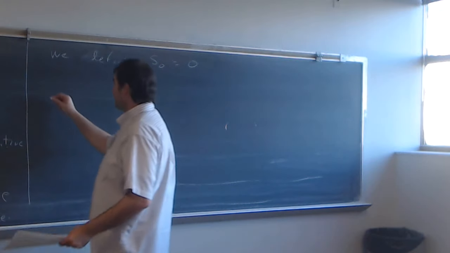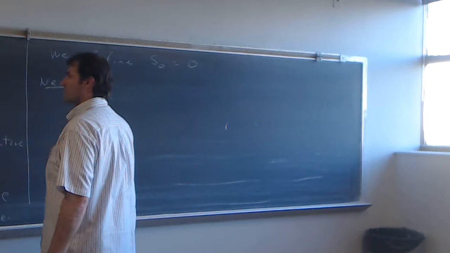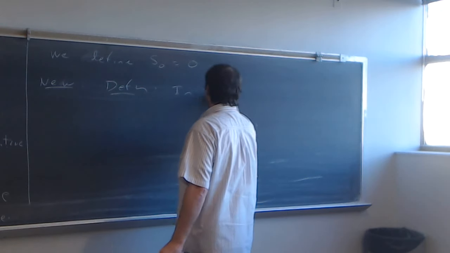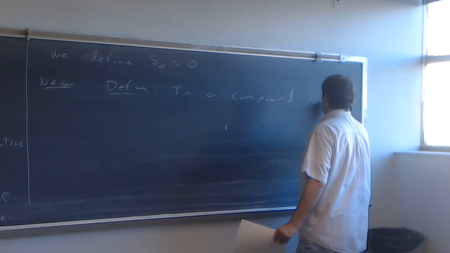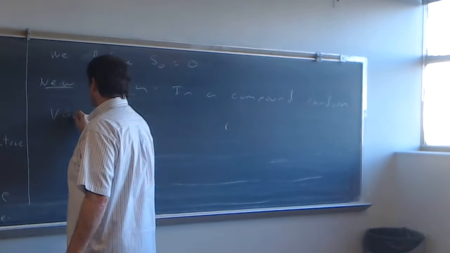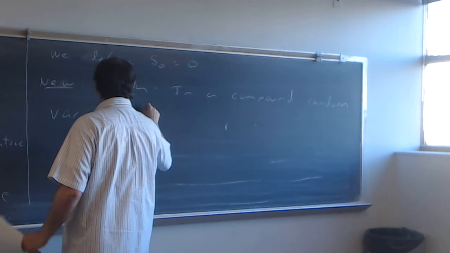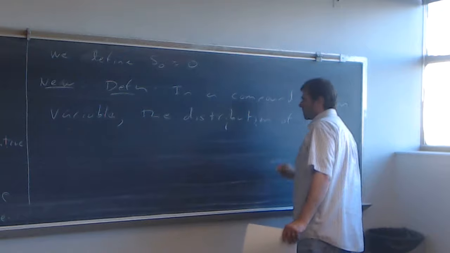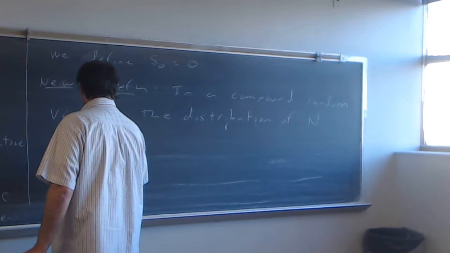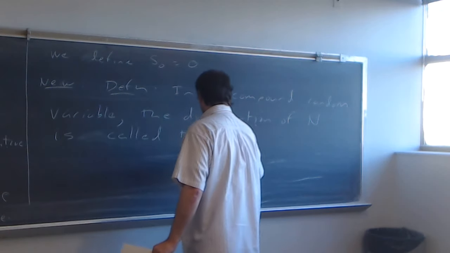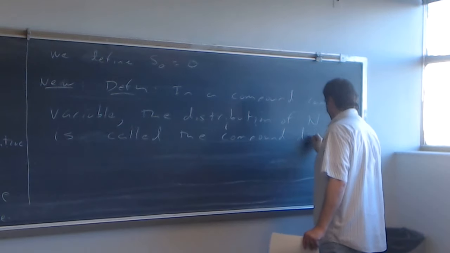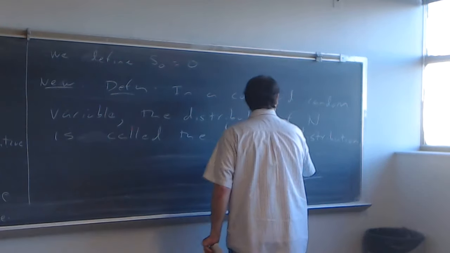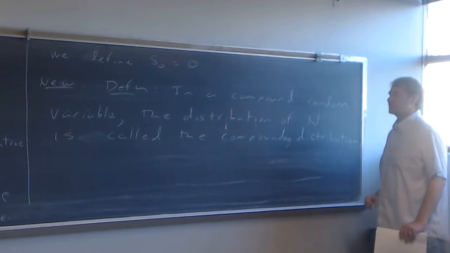Now, here is new material: in a compound random variable, the distribution of N is called the compound distribution, or compounding distribution.